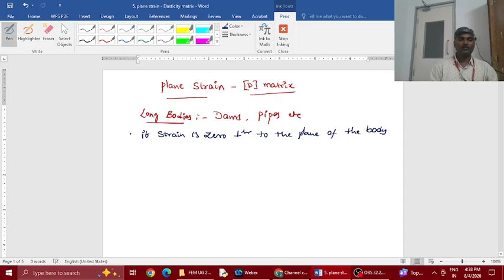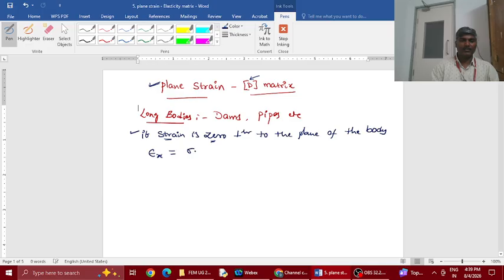Okay, the strain is zero perpendicular to the plane of the body. Such a condition we call plane strain condition. So how do you derive the stress strain relation for this plane strain condition, and how do you formulate this elasticity matrix?